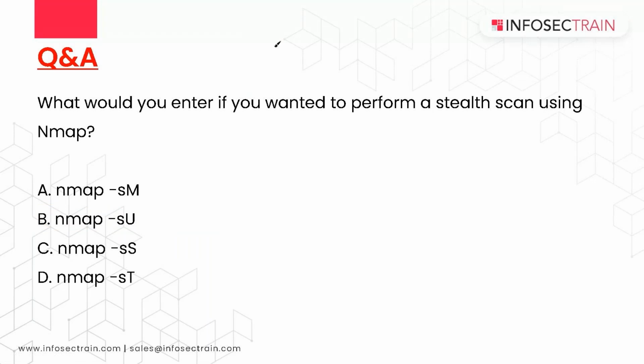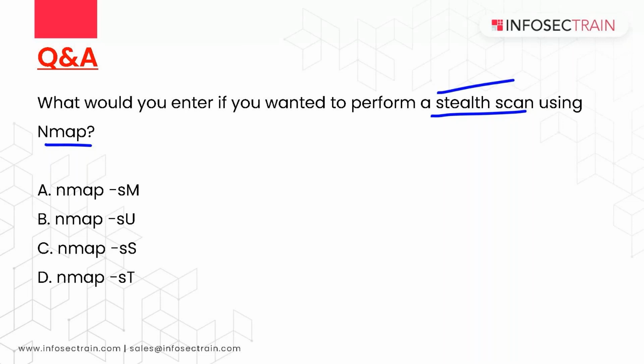Okay, so over here, what would you enter if you wanted to perform a stealth scan using Nmap? In the stealth scan, what we are doing is we are altering the TCP three-way handshake, right? We are not completing the TCP three-way handshake. That is what we are having the stealth scan over here.